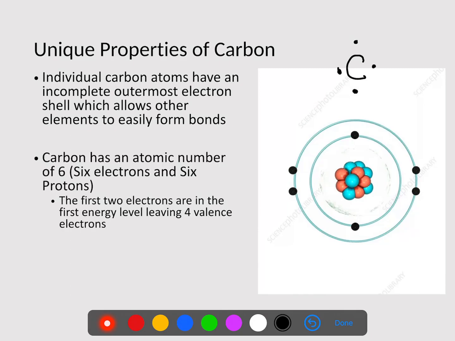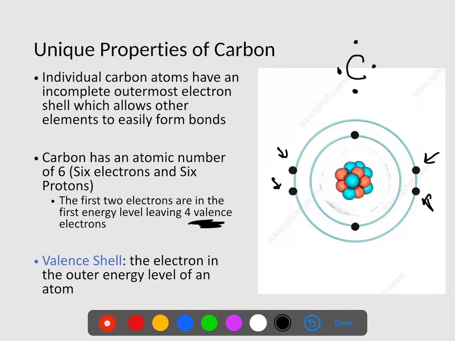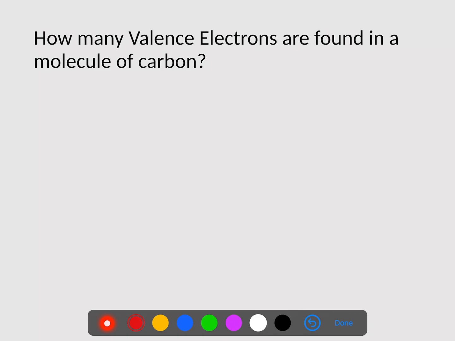So carbon has an atomic number of 6, but what we really want to look at are those valence electrons in the outer shell, the 1, 2, 3, and 4 electrons in the outer shell, which makes it bond easily. Now again, remember that valence shell is only looking at the outer energy level of an atom. It's not looking at the total number. So how many valence electrons are found in a molecule of carbon? Now remember, carbon has 6 electrons.